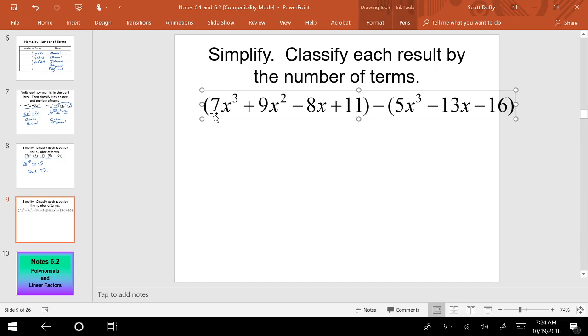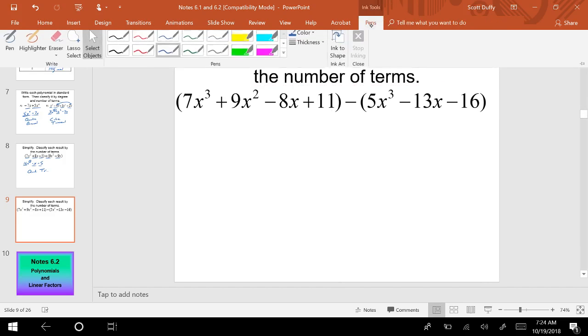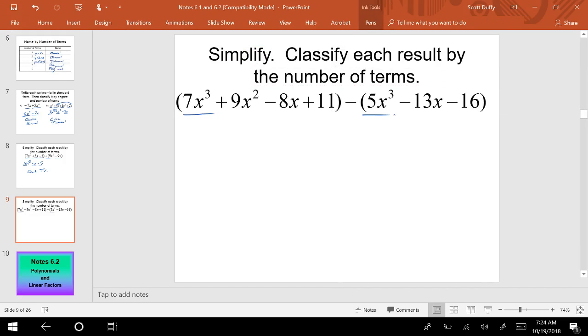Same thing here. Put these terms together, but you're subtracting. So this is negative 5. This is positive 13 when you apply that negative, and this is positive 16. 7x minus 5x to the third is 2x to the third. 9x squared doesn't add with anything.